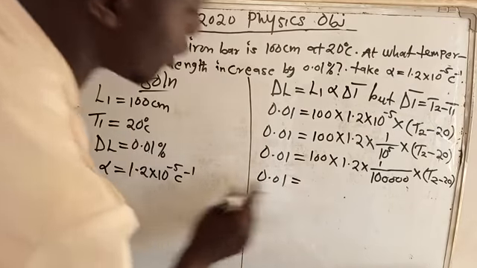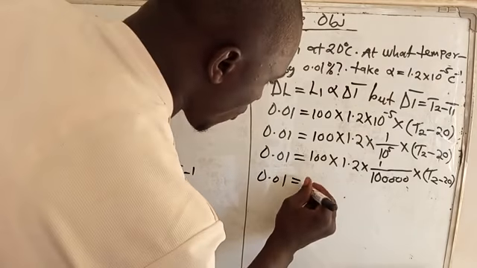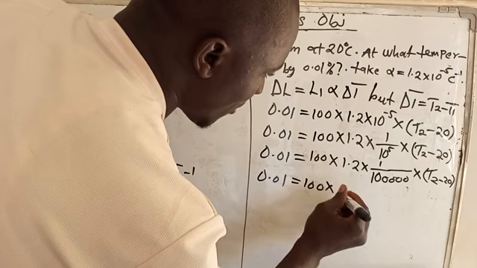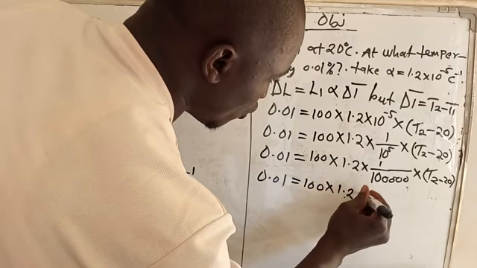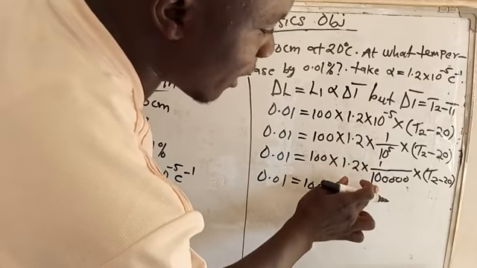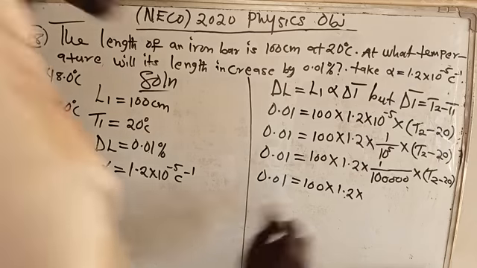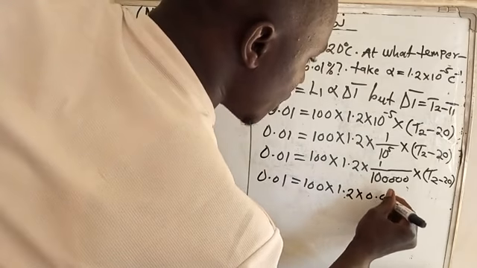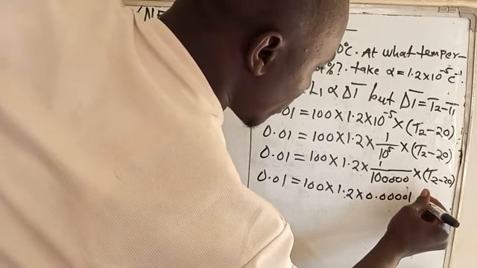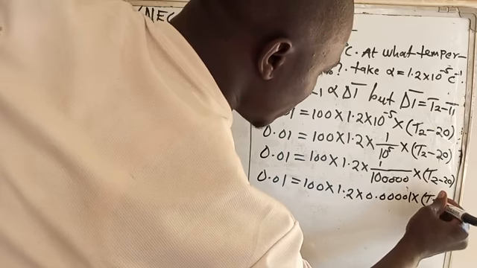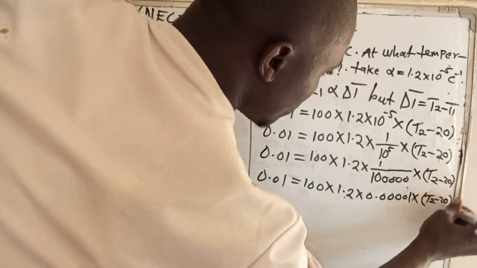Now 0.01 will be equal to 100 multiplied by 1.2 times 1 divided by 100,000. What is the result? 1 divided by 100,000 is 0.00001, times the bracket T2 minus 20.